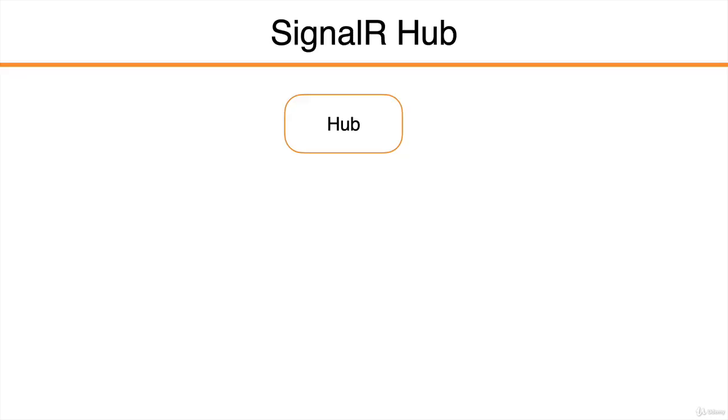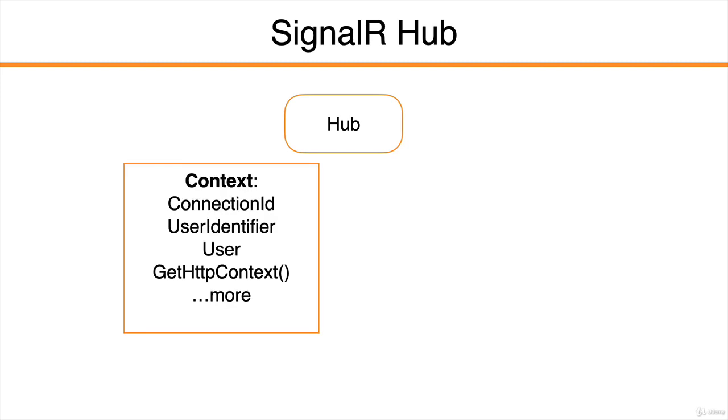So SignalR uses the concept of a SignalR hub, and this provides us with two objects that we can use to manage our clients and our connection to SignalR. We get a context object, and this provides us with the client's connection ID. Every time a client connects, even if it's the same user from a different browser, they'll be given a new connection ID. Also within the context, we can get access to the user identifier.